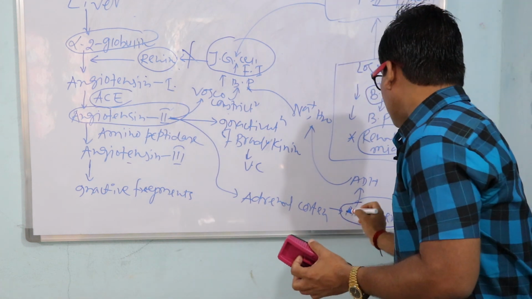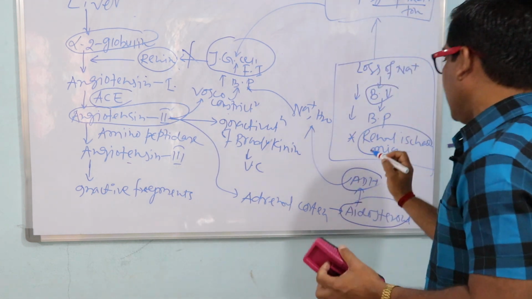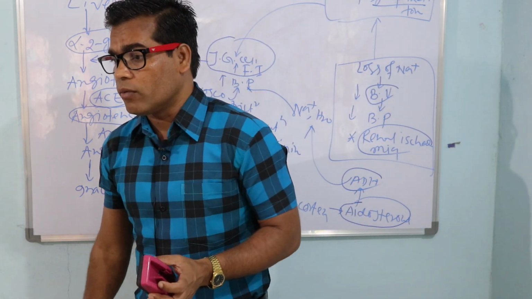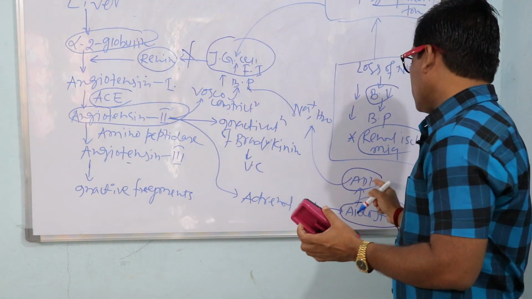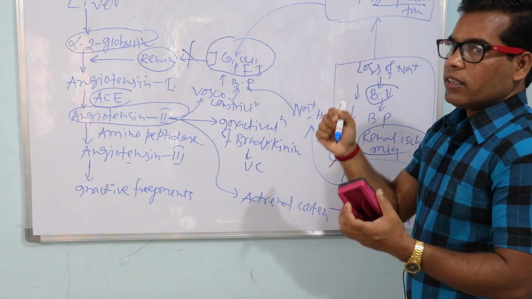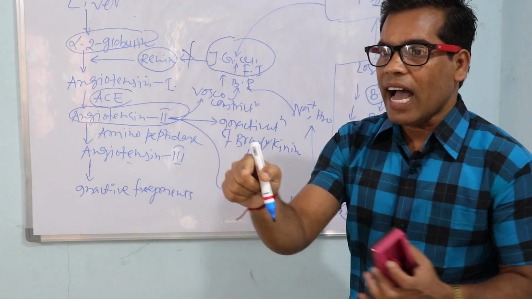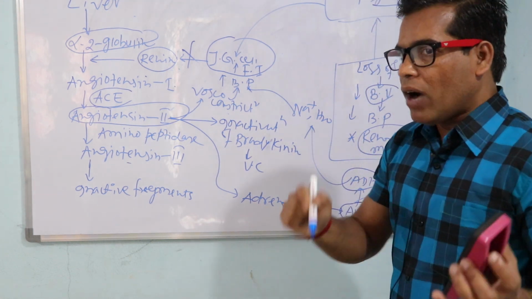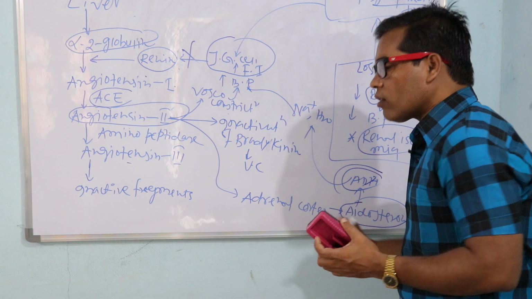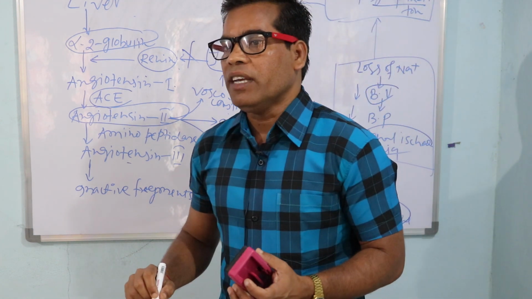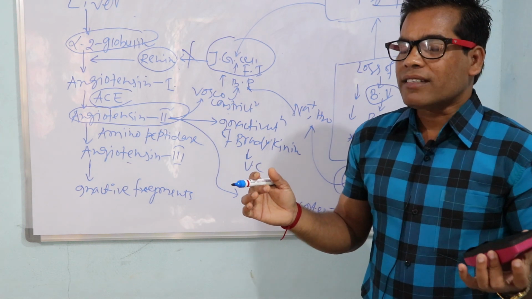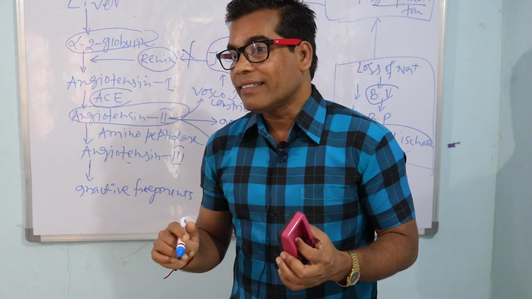Now here I told that I wrote ADH. ADH means antidiuretic hormone. What is its function? Anti means against, diuresis means urine outflow, so it decreases the urine outflow. How does it work? Antidiuretic hormone acts on the kidney tubules, meaning the renal epithelial tissue contains cyclic AMP, which is a second messenger.